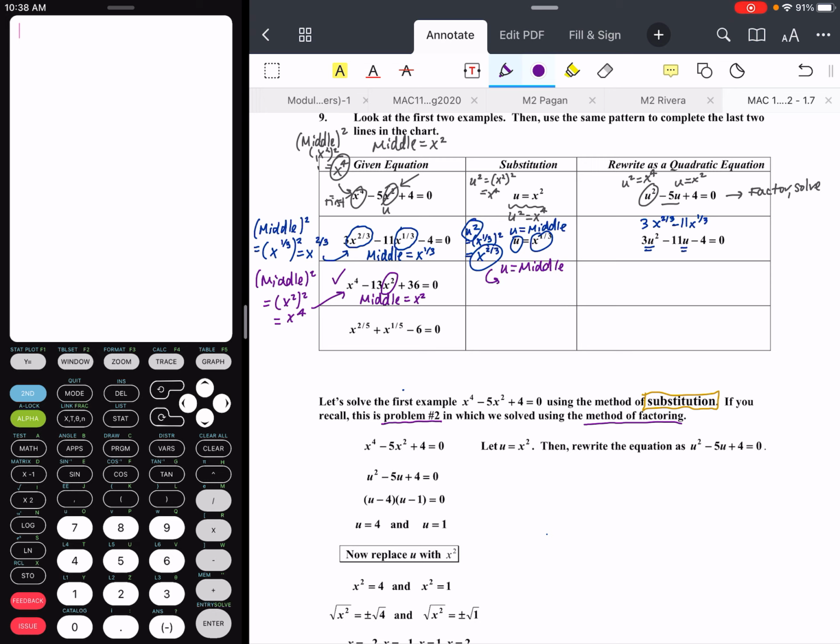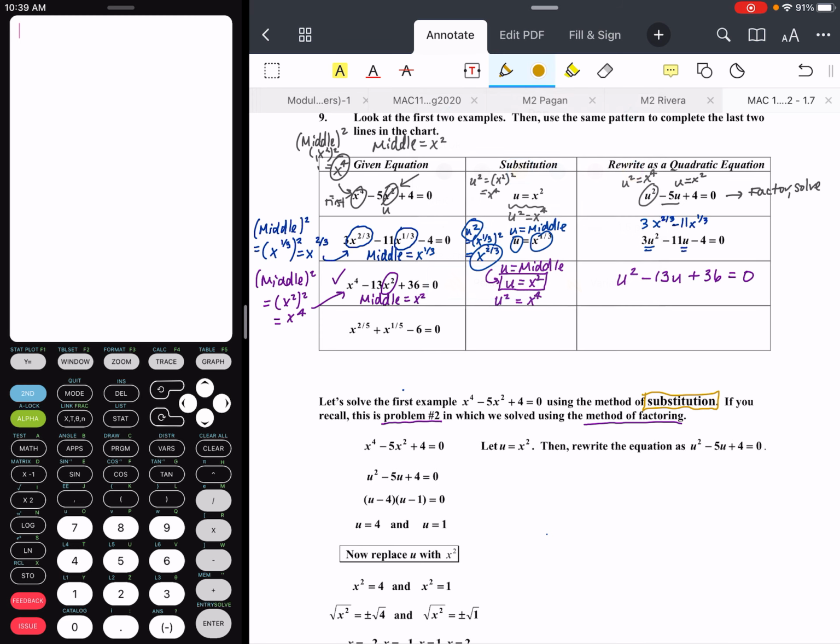So in this case, I have u equals x squared. And by the way, if I were to square u, u squared would be x squared squared, which would be x to the 4th. And when I go to rewrite this, I know x to the 4th is the same thing as u squared. Minus 13x squared becomes minus 13u plus 36 equals 0.